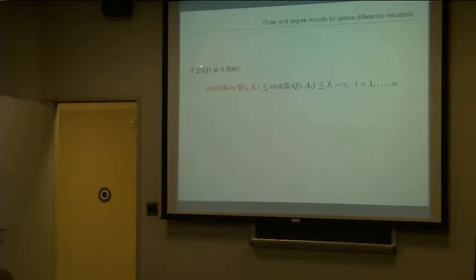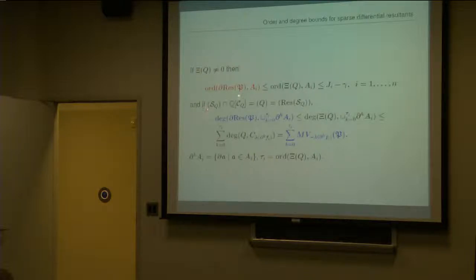So if the evaluation of an irreducible factor of that kind is different from 0, then the order of this evaluation gives you an order bound, which is less than or equal to the Jacobi number minus gamma. In fact, we can use it also to give a degree bound.